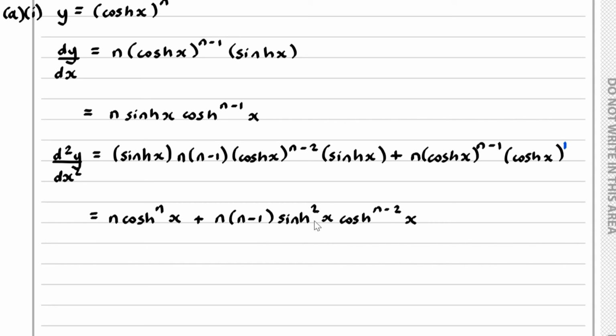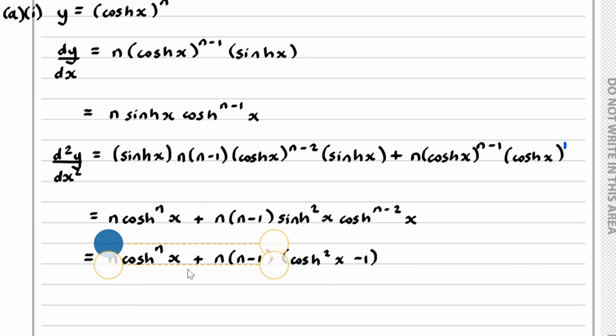Now, sinh squared is the same as cosh squared minus 1. So I've got n times cosh x to the n plus n times n minus 1 times cosh squared x minus 1, and I'm going to multiply this by cosh to the n minus 2 x.